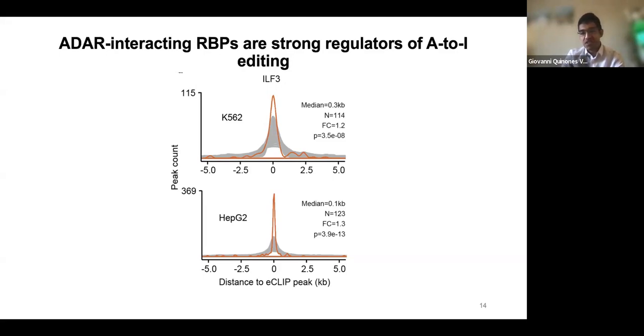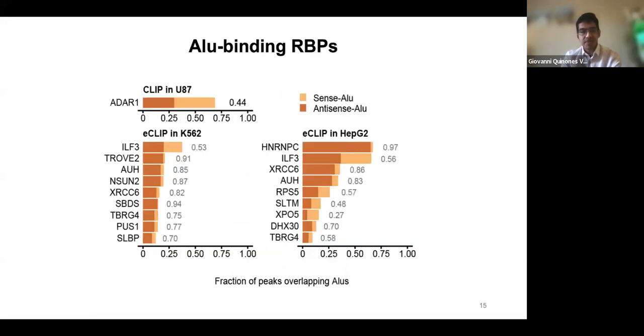And this observation is also reported in other studies where ILF3 is found as a modulator of RNA editing in cancer. And when we look at the motifs or the regions in the transcriptome where ILF3 is bound, we see that ILF3 is the RBP that most strongly binds to Alu elements.